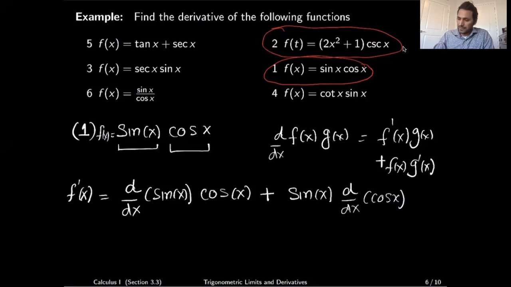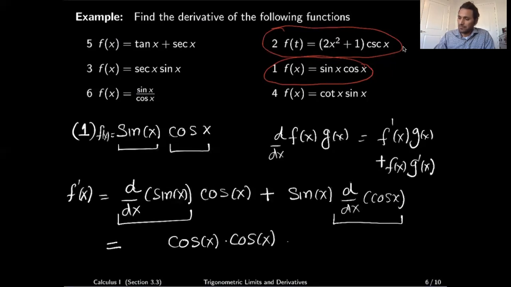So next we will use the derivatives. What is the derivative of sine x, and what is the derivative of cosine of x? Derivative of sine x is cosine of x. So this is times cosine of x, and plus sine x.